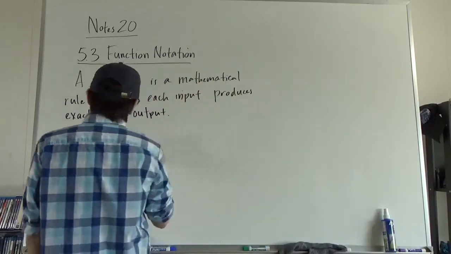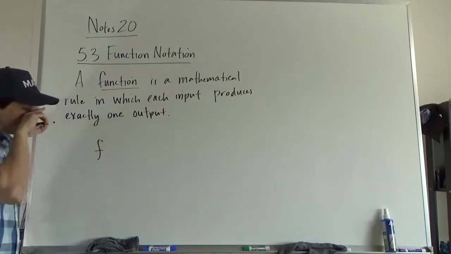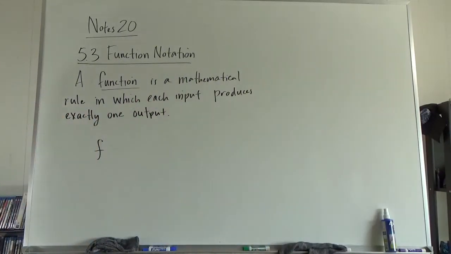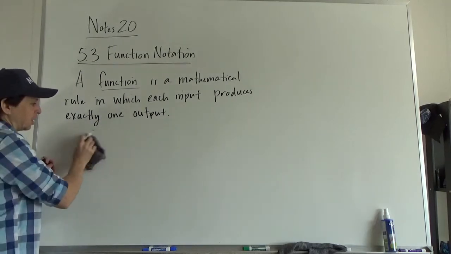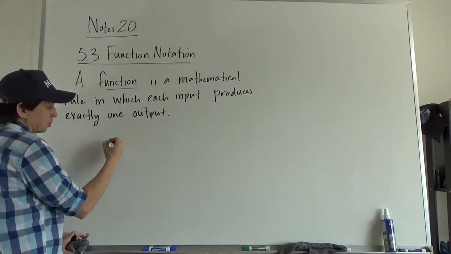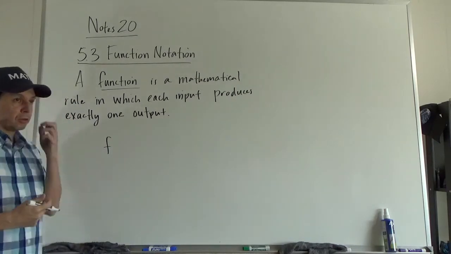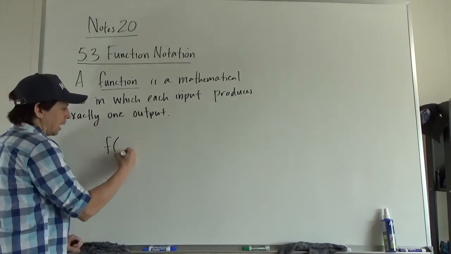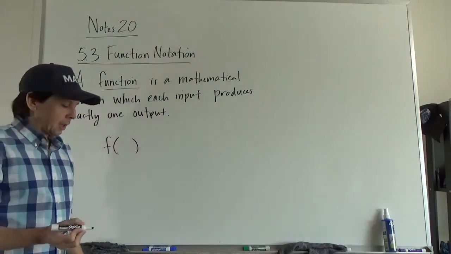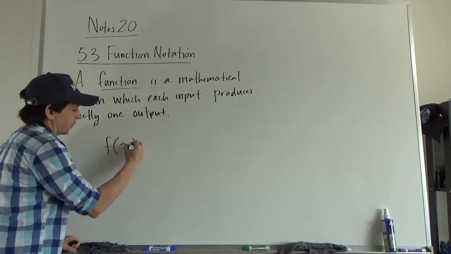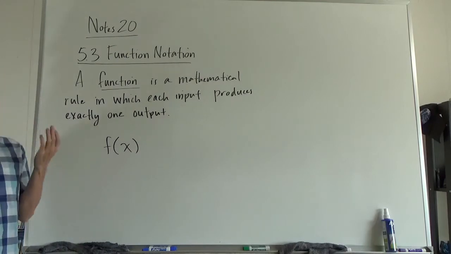So an example of a function, they like to use f as default, a lowercase f. If they have multiple functions, sometimes they'll use f, then g, then maybe h, which I'll do on the homework when I start trying to have you deal with multiple functions. And then it has a parentheses, and so I'm just going to throw it in there, x or any kind of variable.